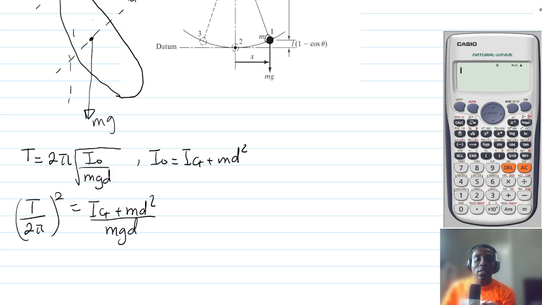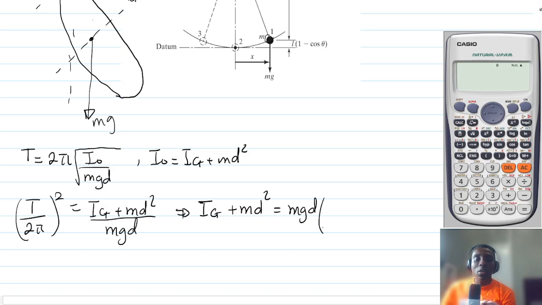So if you make Ig the subject, Ig plus m d squared will be equal to mg d multiplied by T over 2 pi, all squared.